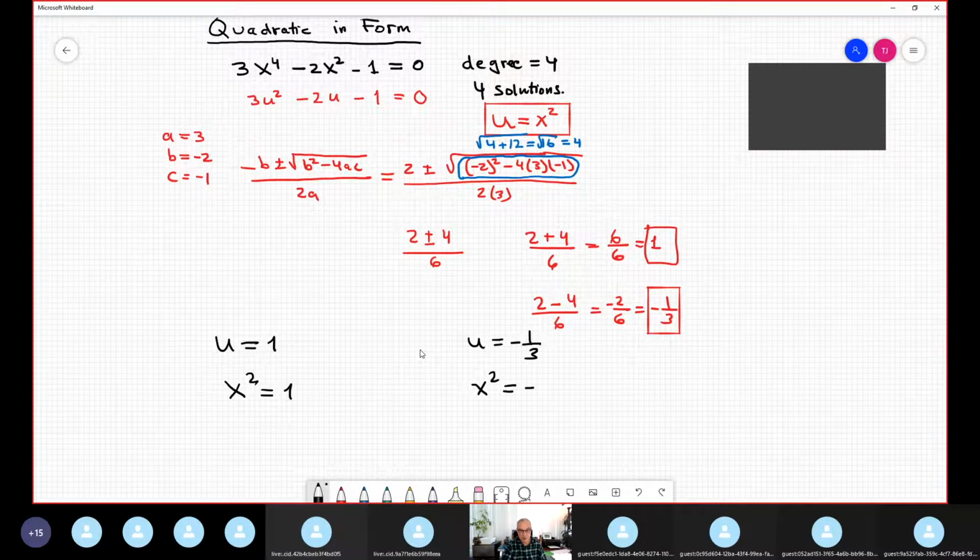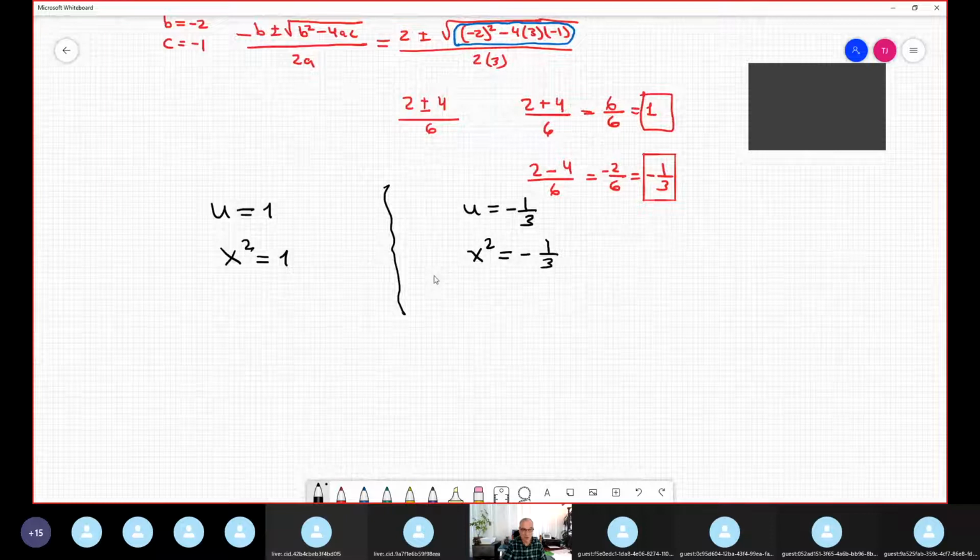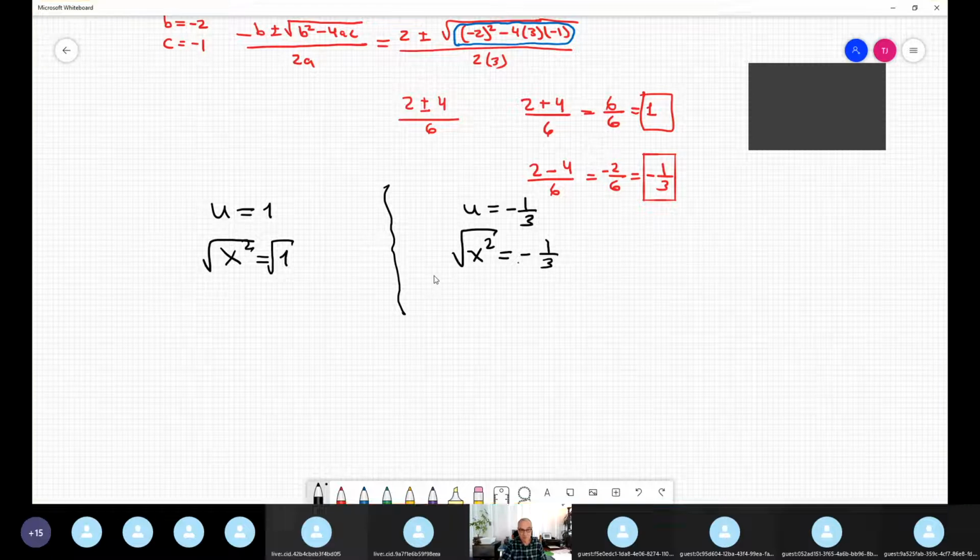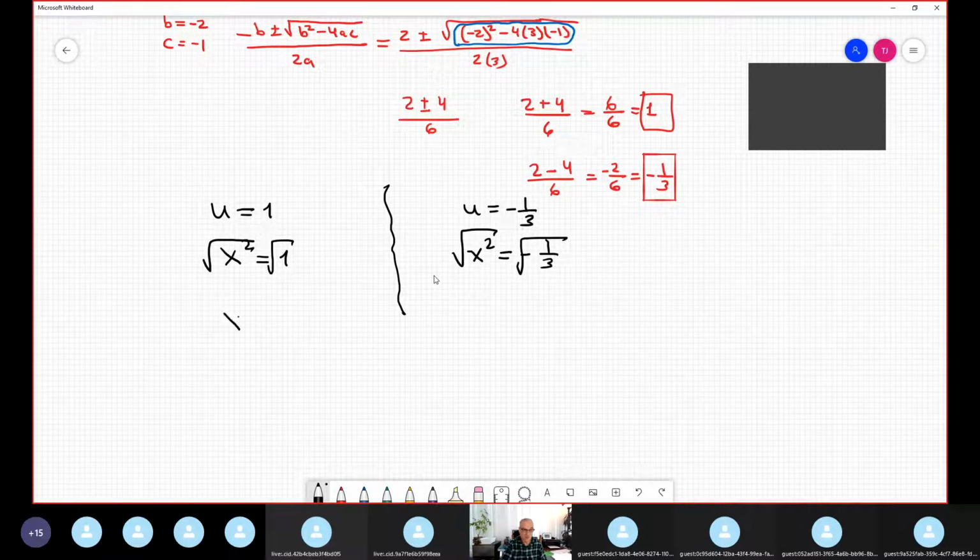Okay, and so in this moment I have two quadratic equations. Easy. We can solve them by the square root method. Square root both sides. x equal plus or minus, don't forget plus or minus, 1. And x equal plus or minus again, but this is imaginary because it's a negative inside the radical. Entonces I square root 1/3.